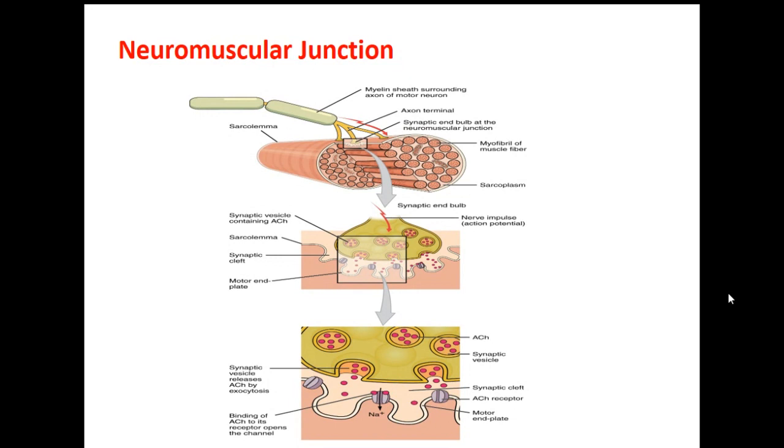From there, it's like a nerve impulse, but on muscle, and it'll spread out over the whole surface of the muscle fiber. This electrical impulse spreads out over the entire sarcolemma.